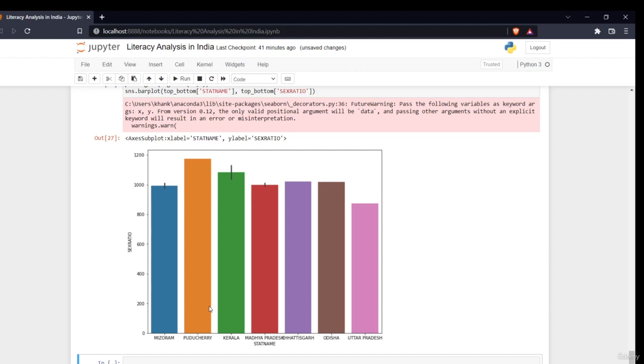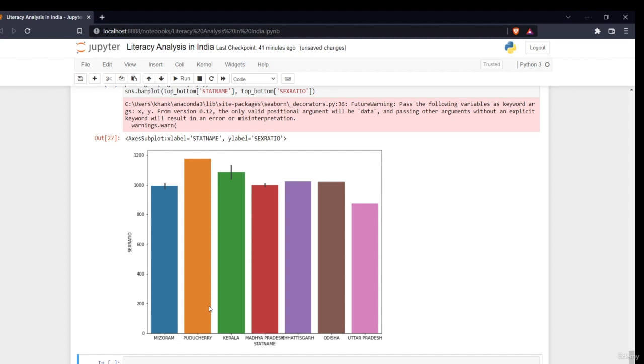So on the basis of all the analysis we have done, what we can say is that the states in the north side and the middle side are the least educated, or very backward.